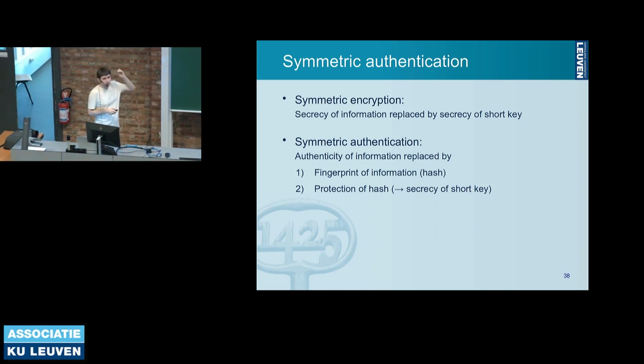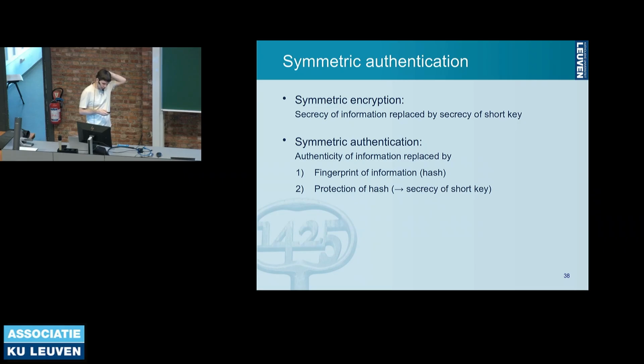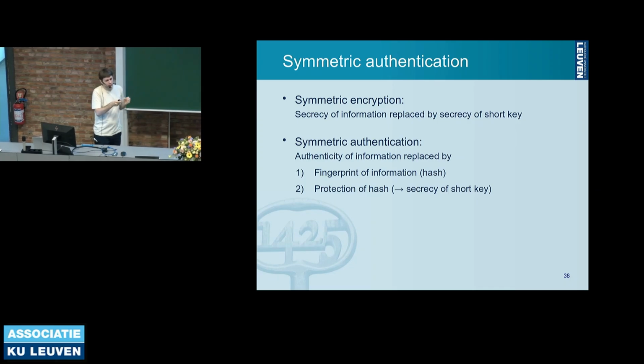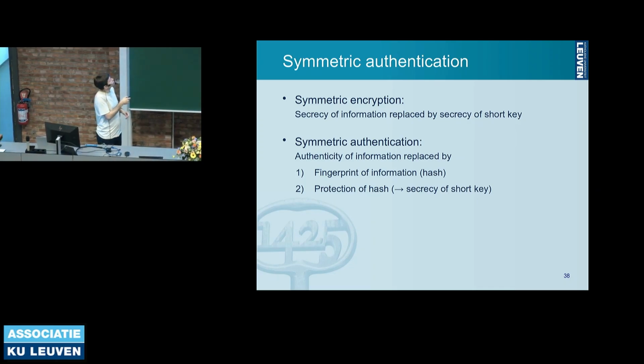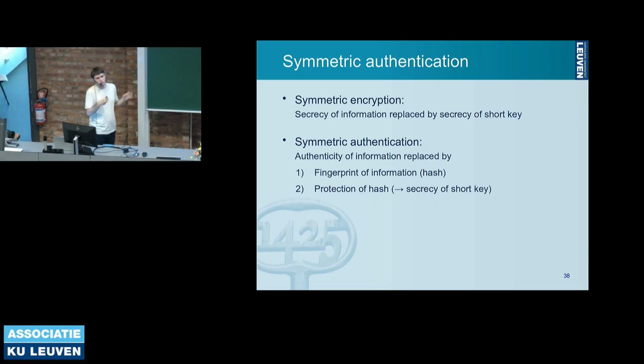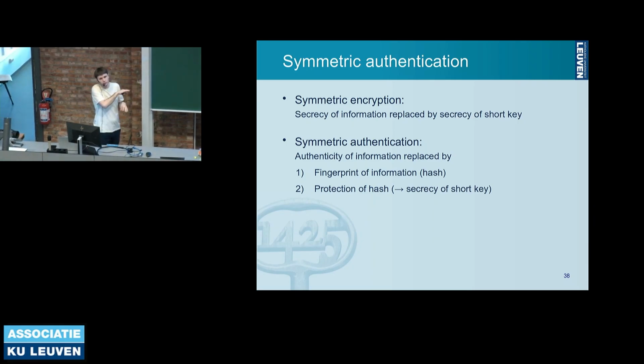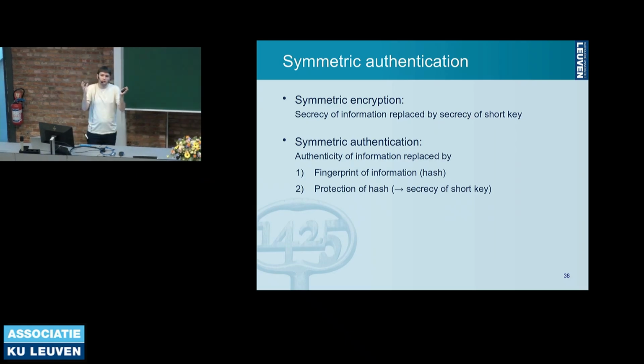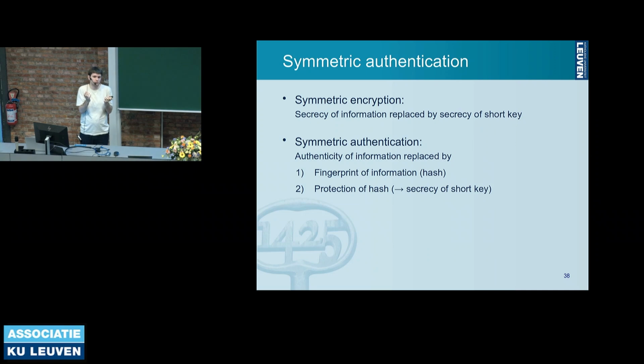The way we will do this is you will create for your message, which can be very long, a short fingerprint. This fingerprint, which we also call a hash, should somehow depend on the key, so that someone who doesn't have the key cannot produce a valid fingerprint. And somehow this fingerprint should be tied to the message.